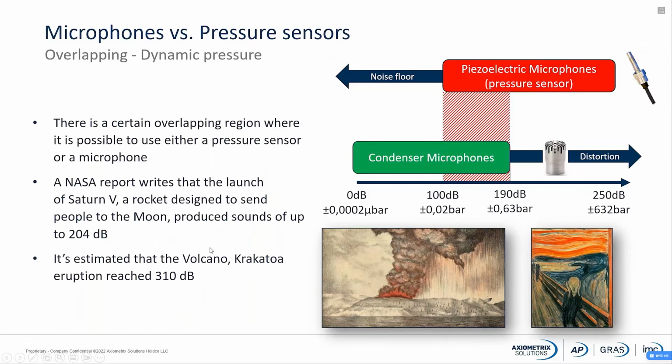And the volcano Krakatoa that had an eruption many years ago was estimated to have a sound level of 310 decibel, which is again not a sound wave. It is more another type of effect. And this is a drawing of the Krakatoa.